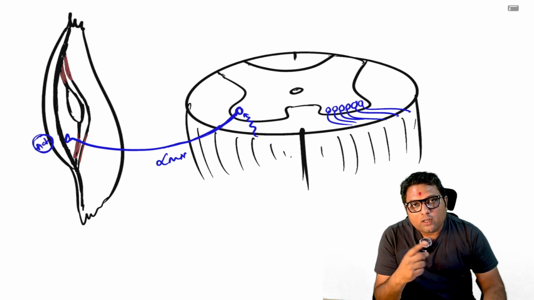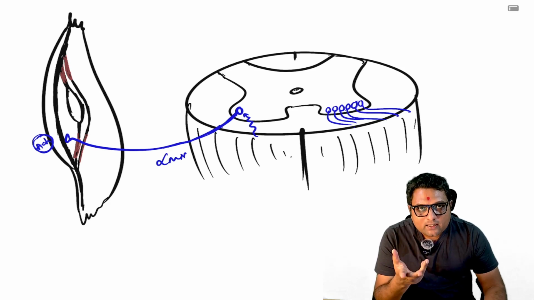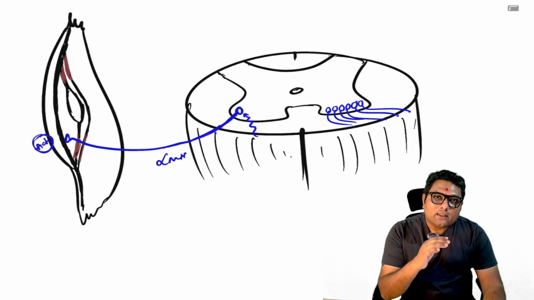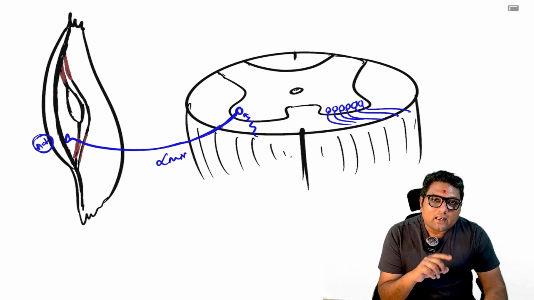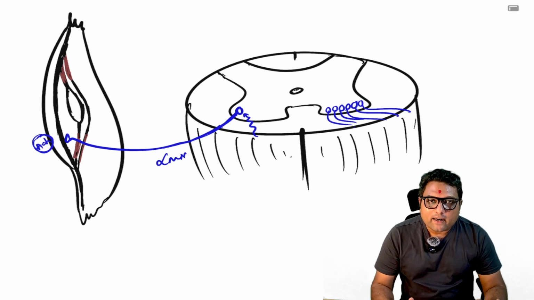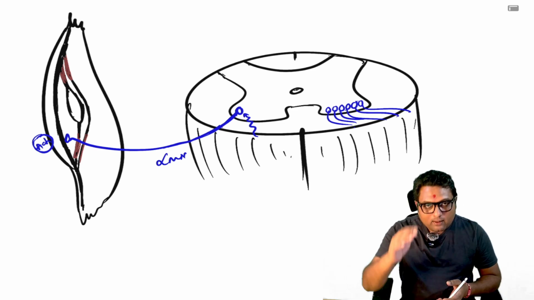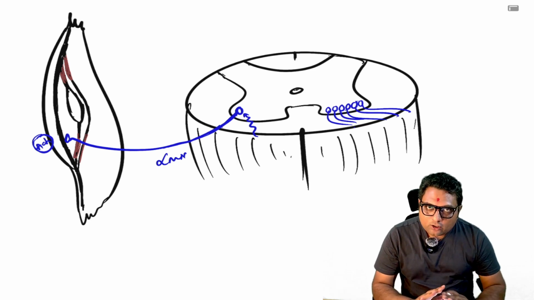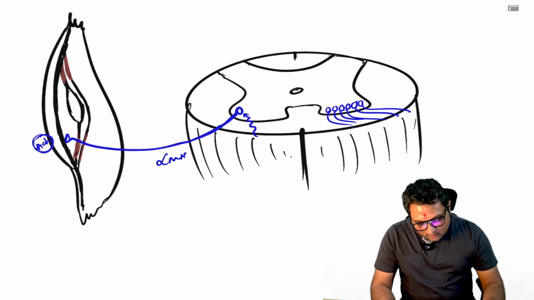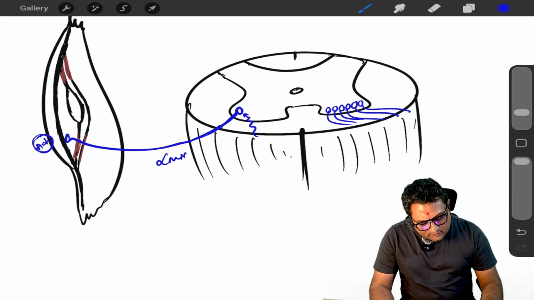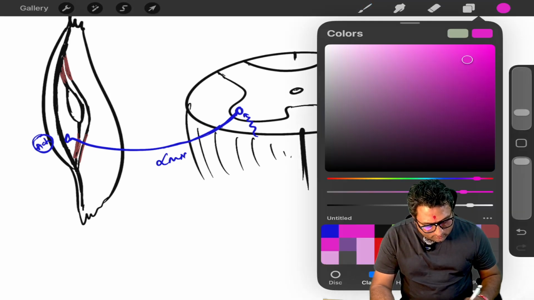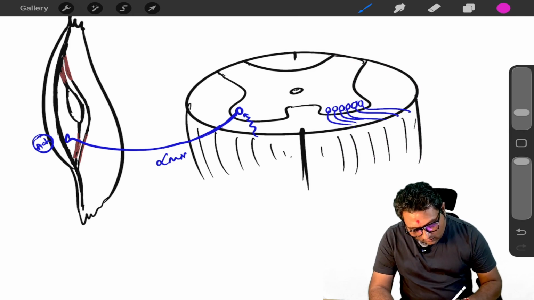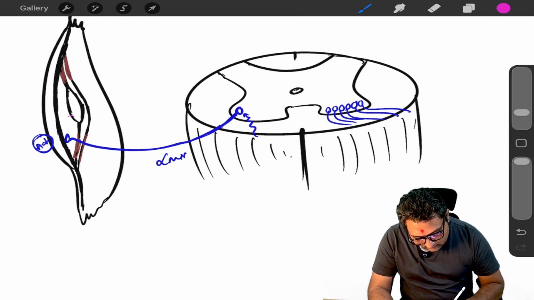This acetylcholine binds to the nicotinic cholinergic receptor, and eventually that is converted into a mechanical event, that is muscle contraction. So when we stimulate the alpha motor neuron, that leads to contraction of the muscle. Clear?